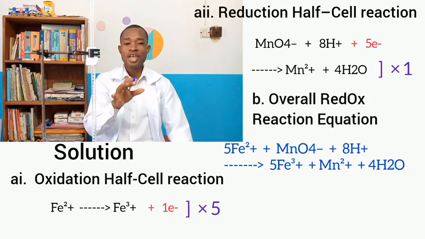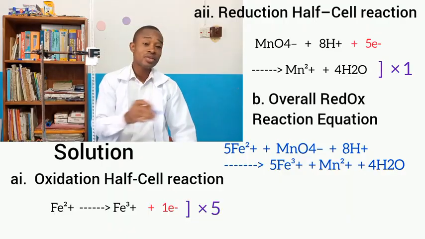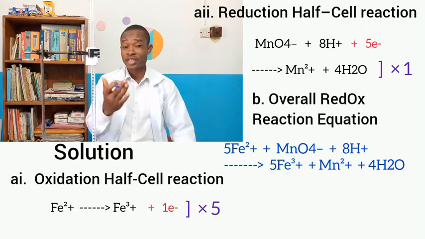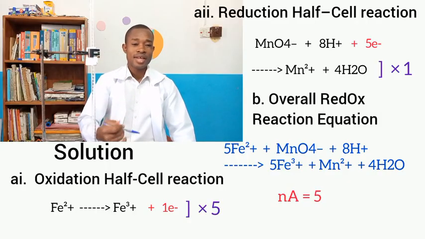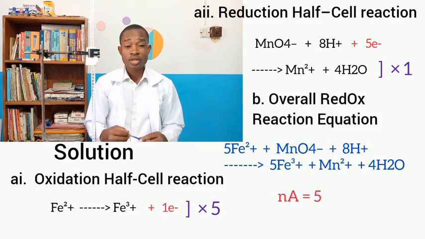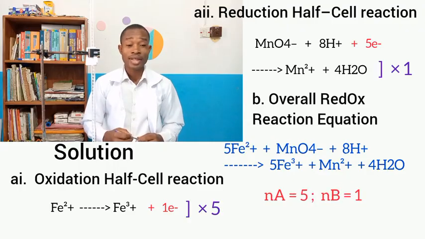So our reducing agent, which is iron(II) ion, you observe from the overall balanced redox reaction equation that it is 5 molecules, all right? So NA will be 5. And then our oxidizing agent, MnO4 minus, the number of molecules, which we're going to use NB to represent, is equal to 1.